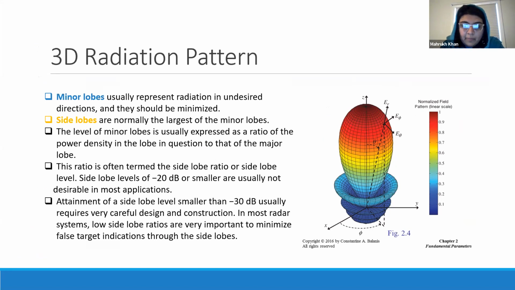What I anticipate is that if I say side lobe level minus 20 and minus 30, then for me minus 30 is smaller than minus 20. Is it right?